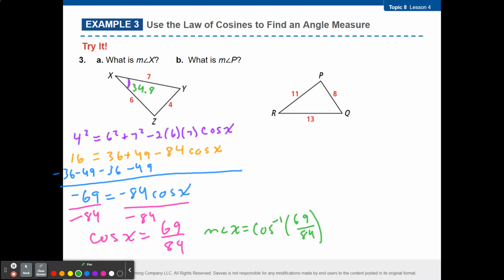All right, show of hands. Who's still working on part B? Who wants to show me part B? Ooh. No volunteers, eh?